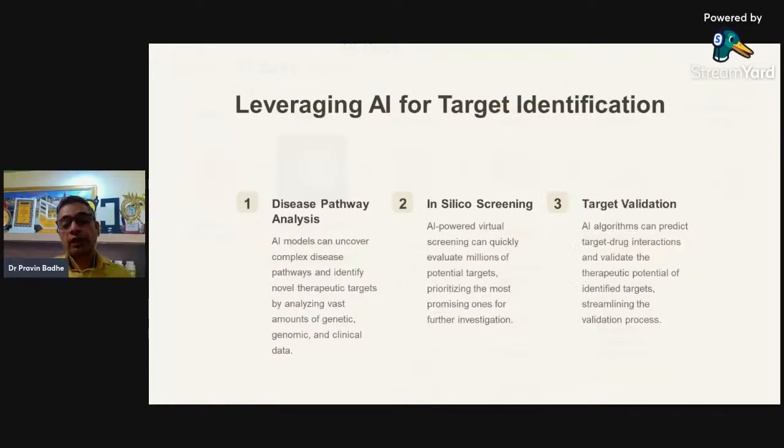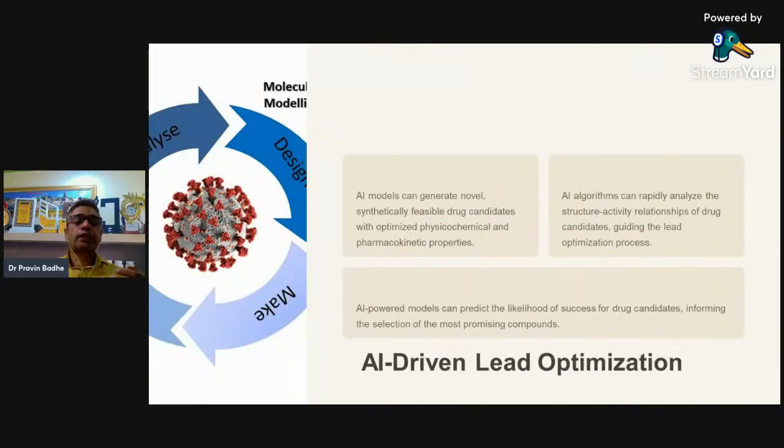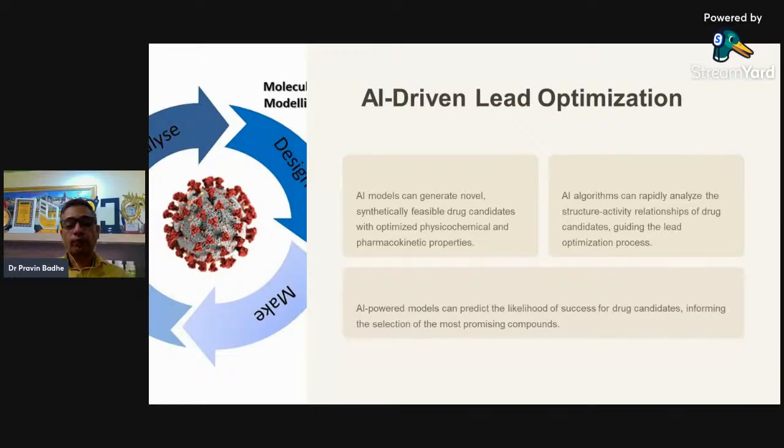After screening the compounds, you can then validate the target by utilizing target-drug interaction, which will be helpful to predict information about the target and the lead, and validate the therapeutic potential of the target. So this can be done utilizing AI in the identification and validation of the target. Then the second step is AI-driven lead optimization.